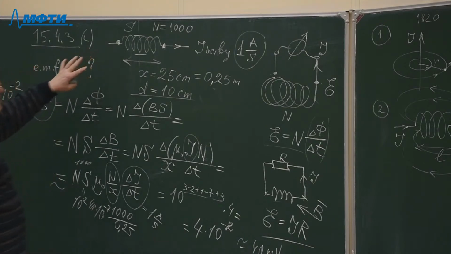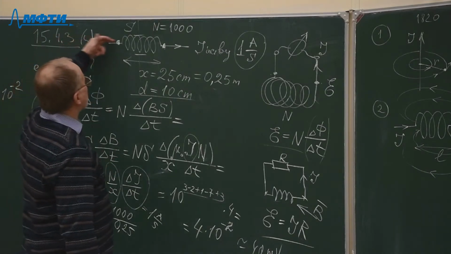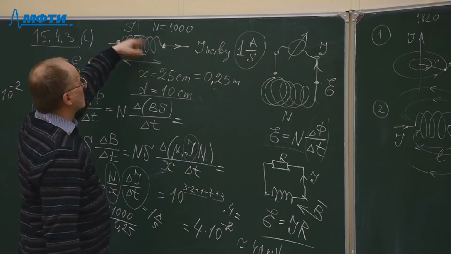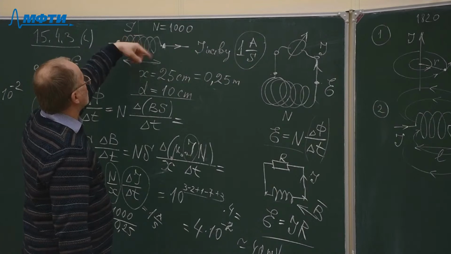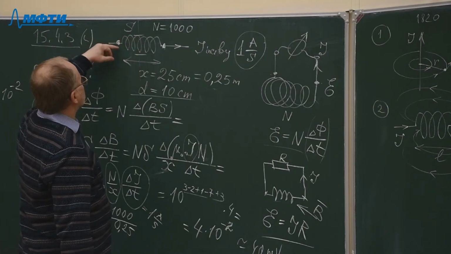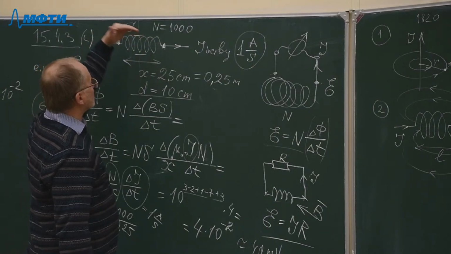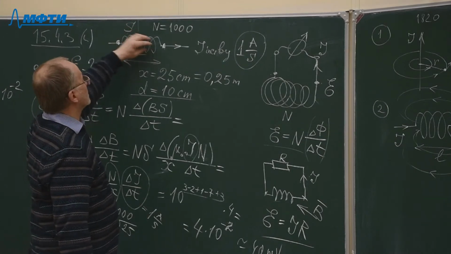So what's the main thing in this problem? The main thing is to understand that if a current flows through a solenoid, through a coil made of several turns of the wire, then this current creates a magnetic field inside the solenoid.